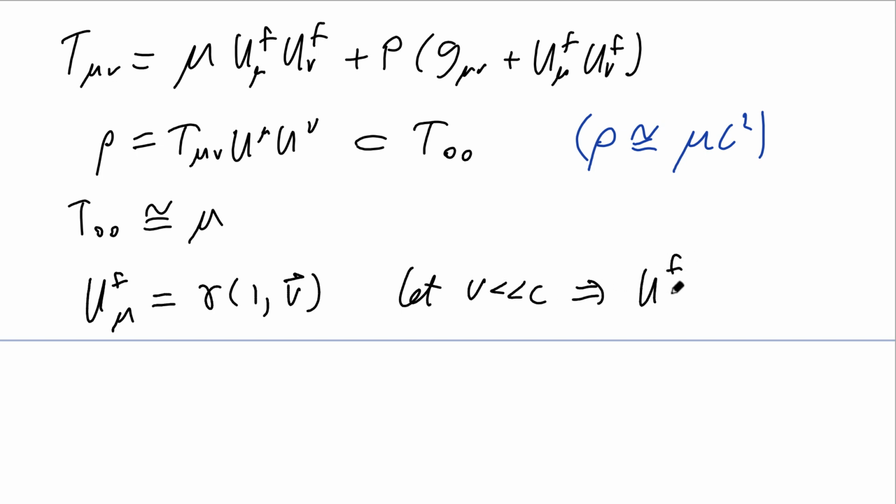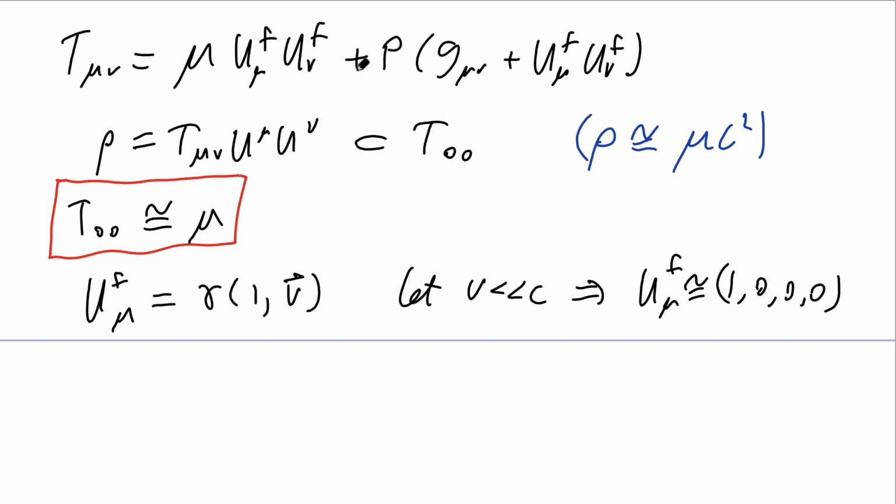So u^μ is approximately (1, 0, 0, 0). Now if I set the indices mu and nu equal to 0, then this term is just mu. Here we have p times minus 1 plus 1, which cancels, so we're left with T^00 approximately mu in this limit where v is much less than c.